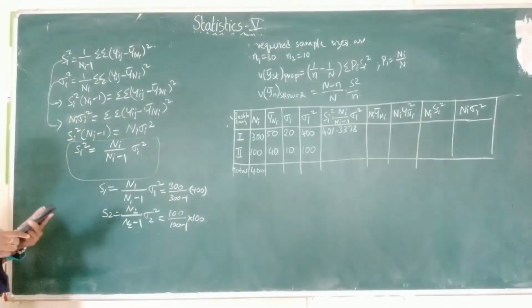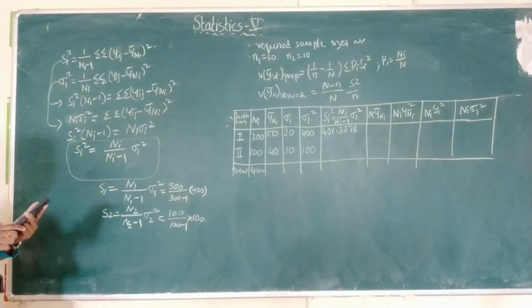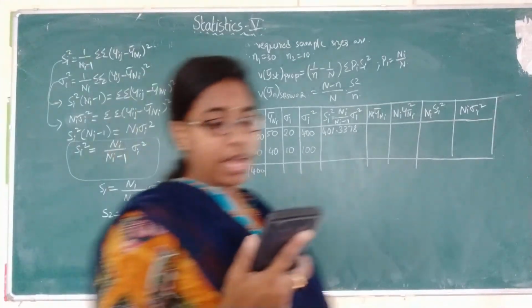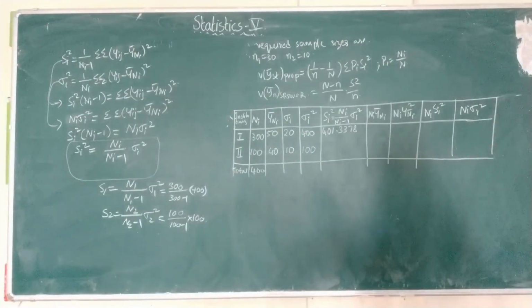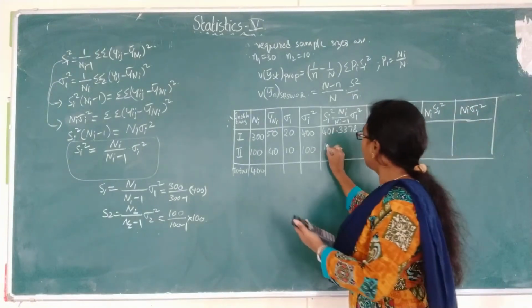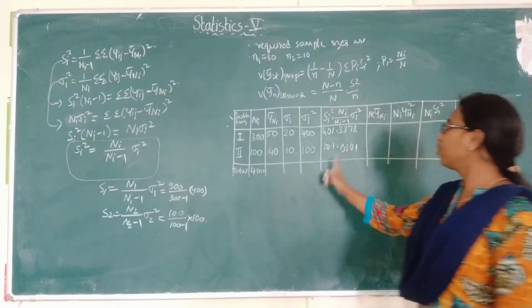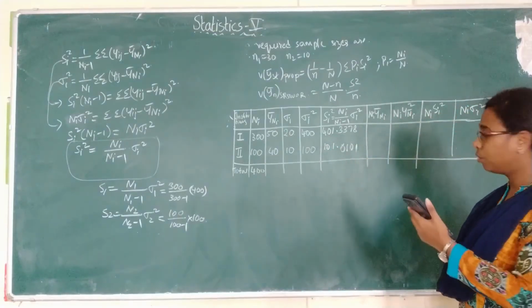That is 100 into 100, which is 10,000, divided by 99. You will get the second Si square value as 101.0101. Now you have got the Si square values also.